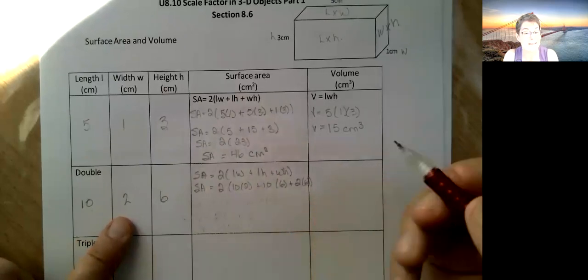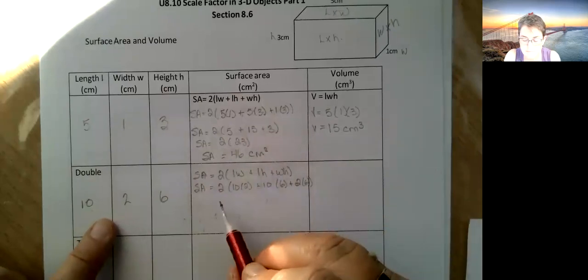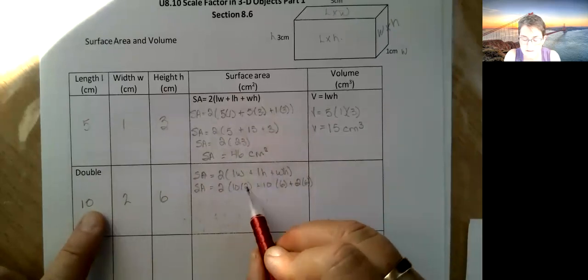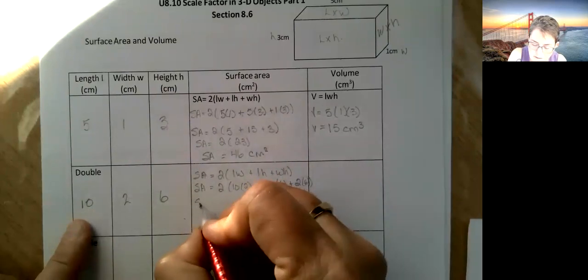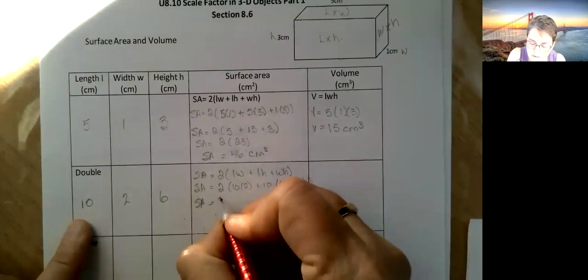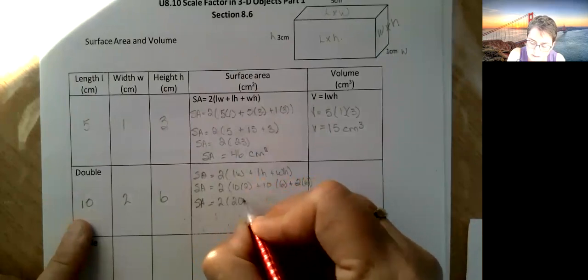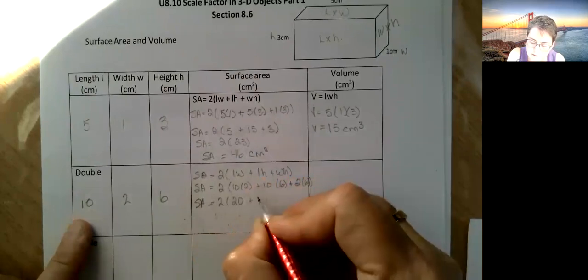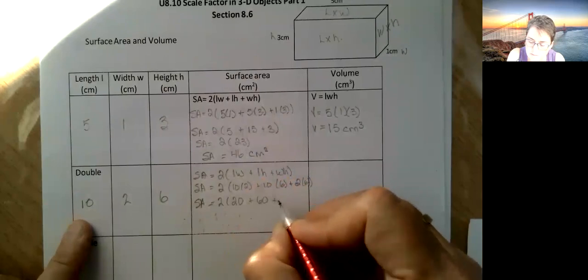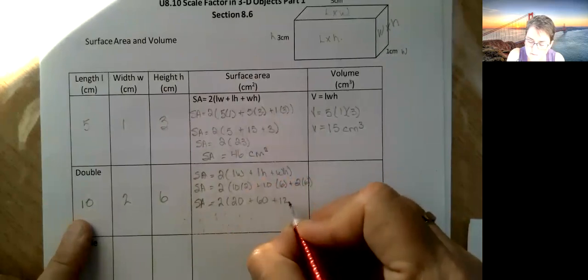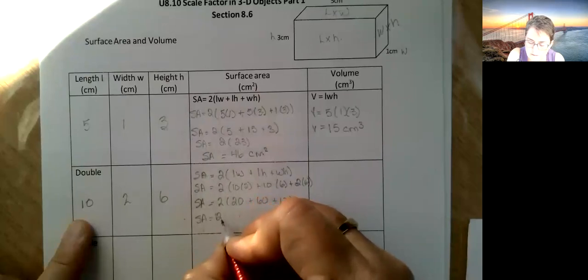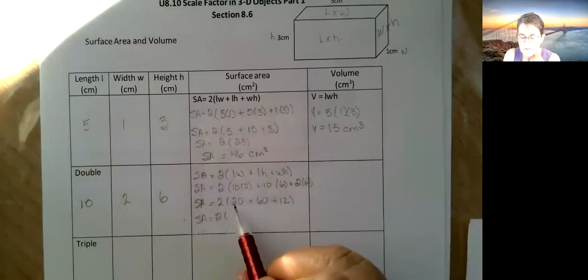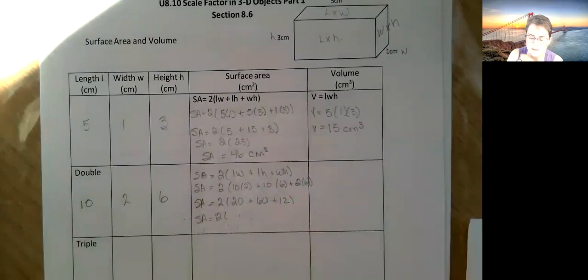I had that part right last time. Okay, 10 and 2, 2 and 6. All right, so surface area is equal to 2 times 20 plus 10 times 6 is 60 plus 2 times 6 is 12. So surface area is 2 times, let's see, 20 and 60 is 80, 90, 92.